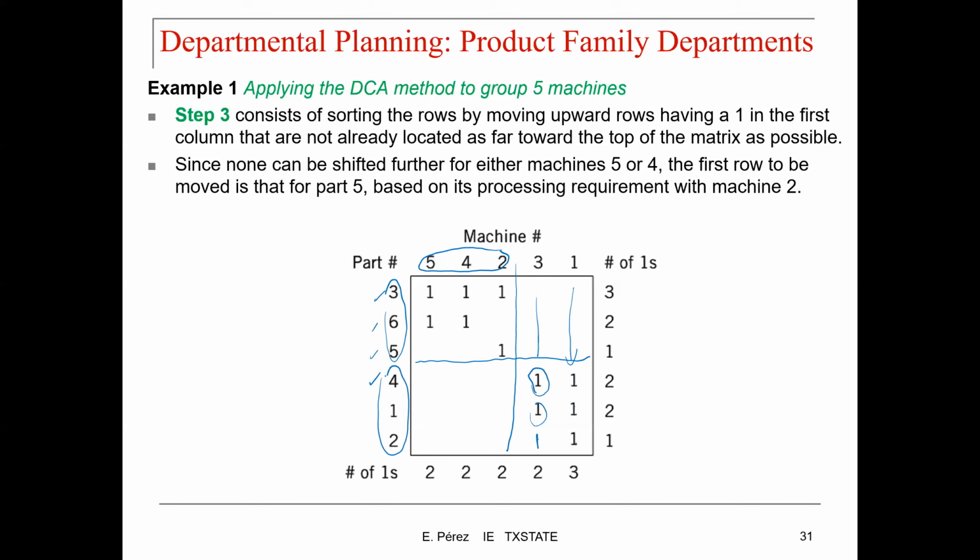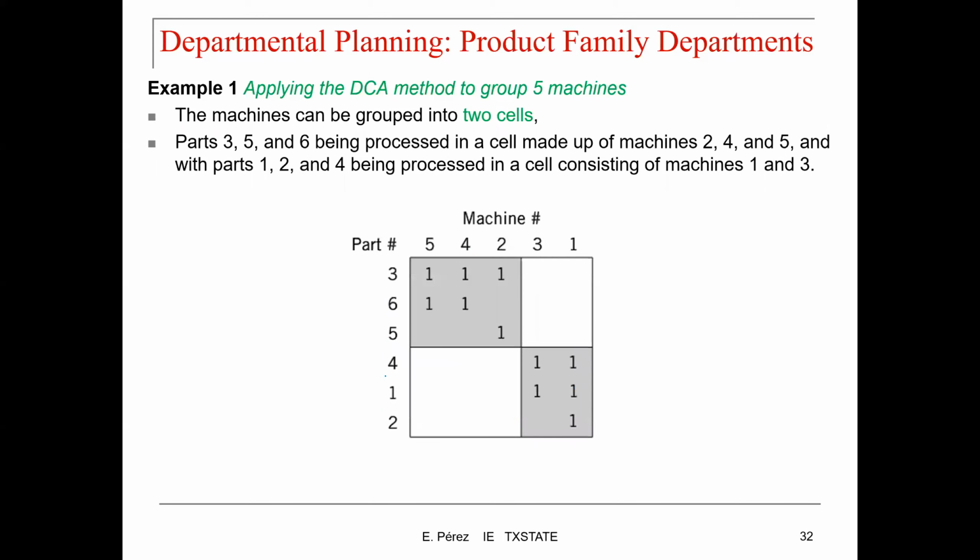So in that way, we know that we can separate these 2 groups into families, and they can be produced on separate cells. So parts 3, 5, and 6 being processed in a cell made up of machines 2, 4, and 5, and with parts 1, 2, and 4 being processed in a cell consisting of machines 1 and 3.